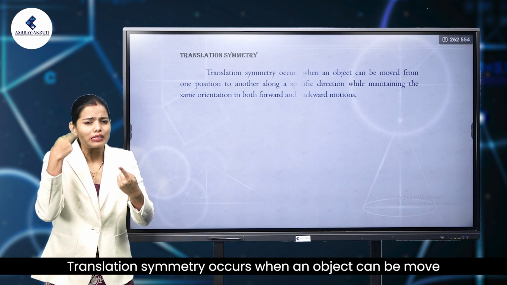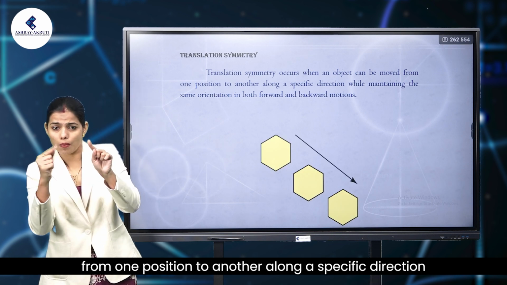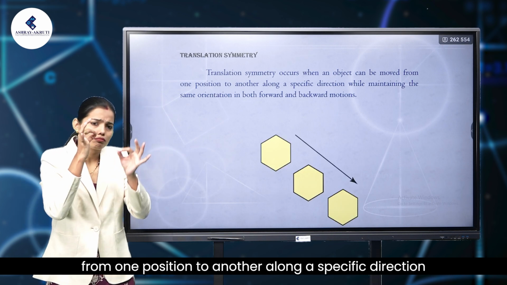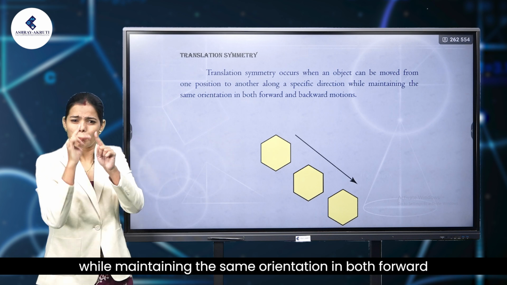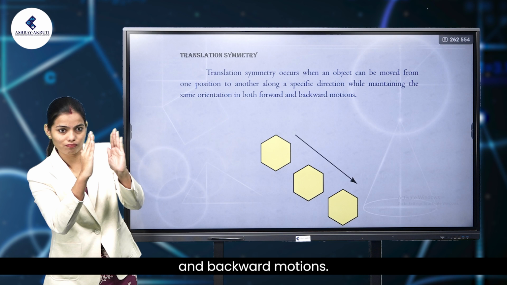Translation symmetry occurs when an object can be moved from one position to another along a specific direction while maintaining the same orientation in both forward and backward motions.